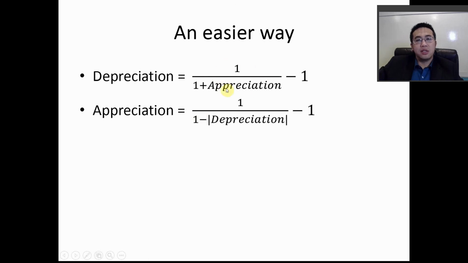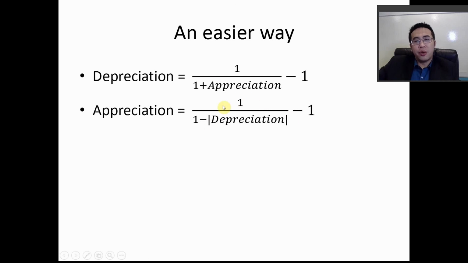So you can see this fraction definitely yields a number less than 1. If you use a number less than 1 subtracted by 1, that's going to give you a negative number. So depreciation definitely is a negative return. If you want to figure out the amount of appreciation while you know the amount of depreciation, then you should use 1 minus the absolute value of depreciation, or just use 1 plus depreciation, given that depreciation is a negative number, then minus 1.